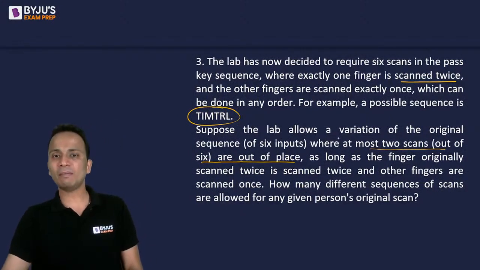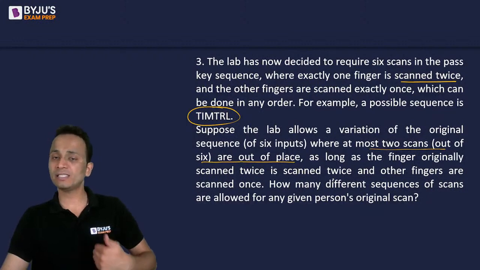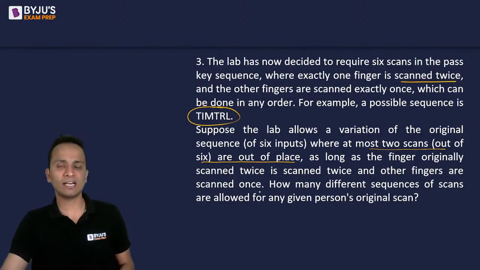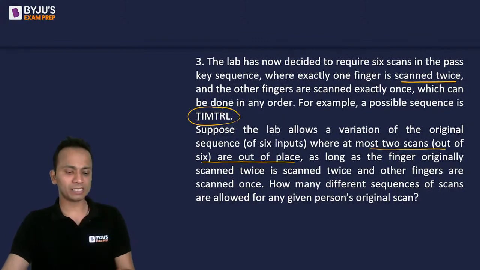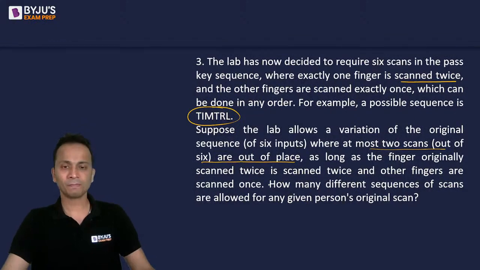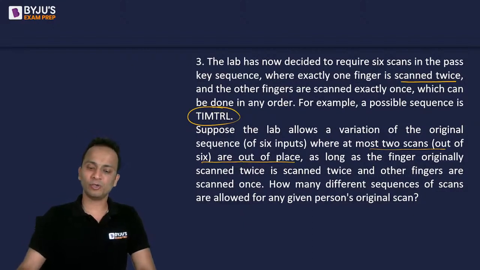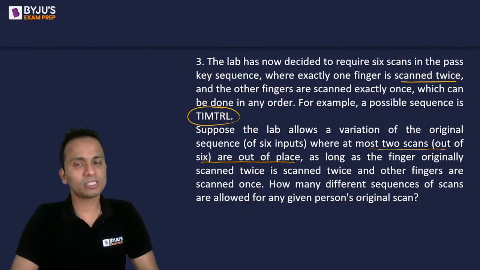So suppose the lab allows a variation of the original sequence of 6 inputs, where at most 2 scans can be out of place as long as the finger originally scanned twice is scanned twice and the other fingers are scanned once. So the finger that I originally scanned twice will be scanned twice, and no other finger can be scanned twice. How many different sequences of scans are allowed for any person's original scan? This is a slightly tricky question.